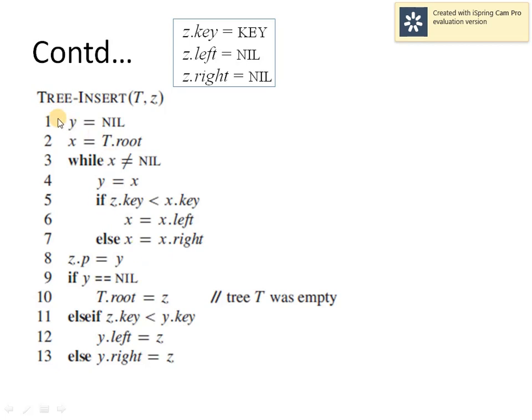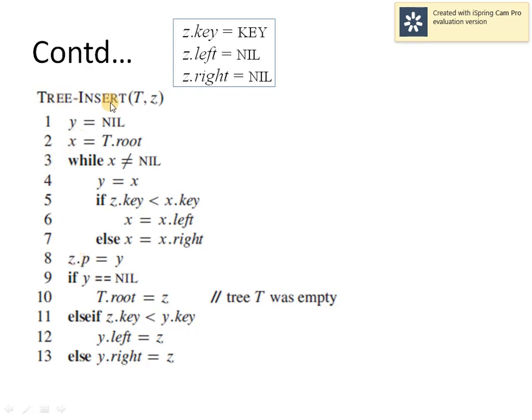This is the tree insert procedure, which accepts T, which is nothing but the tree, and Z, which is the new node we are trying to insert in the existing binary search tree. In this code we are assuming that a parent pointer is present in each and every node of a binary search tree.